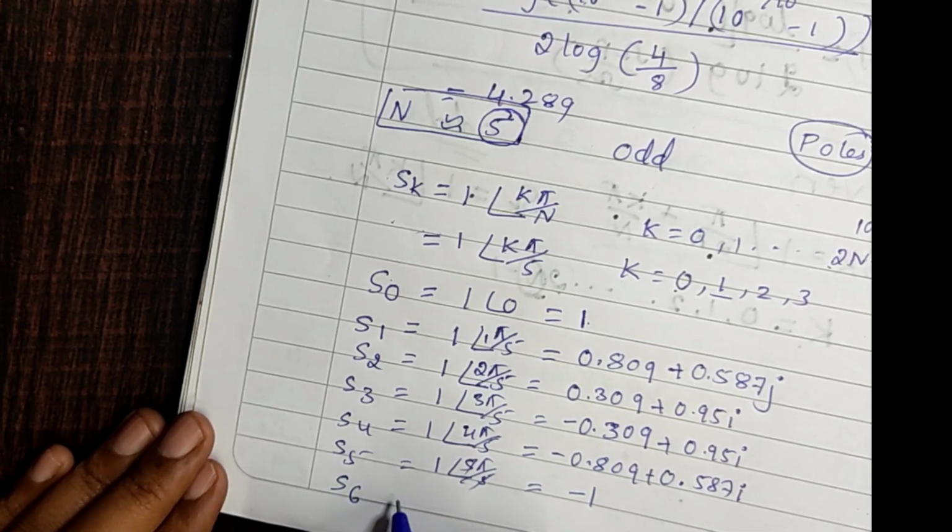So therefore S6 is equal to 1 at an angle 6 pi by 5.